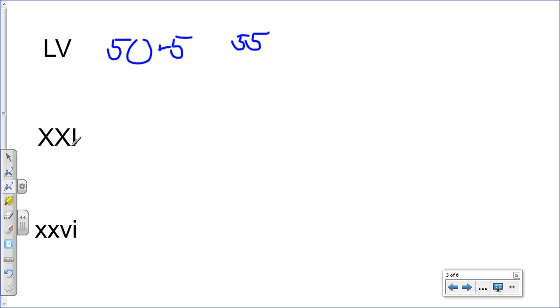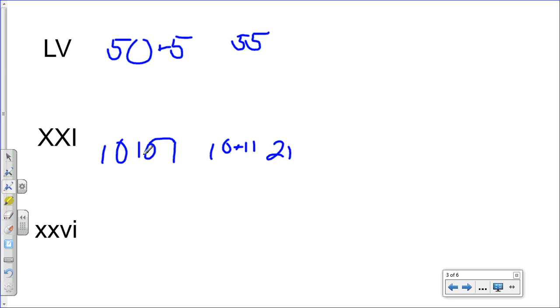On this one, we've got XXI. X is 10, and I is 1. Smaller number to the right. We always look at those combinations between smaller and bigger numbers. The smaller number to the right gives us 11, so 10 plus 11 gives us 21.